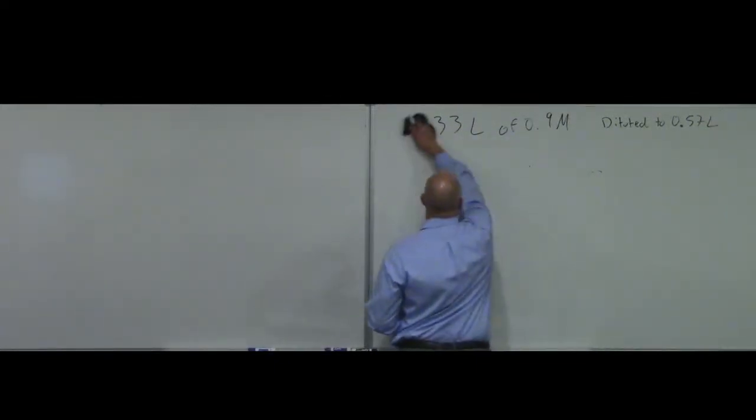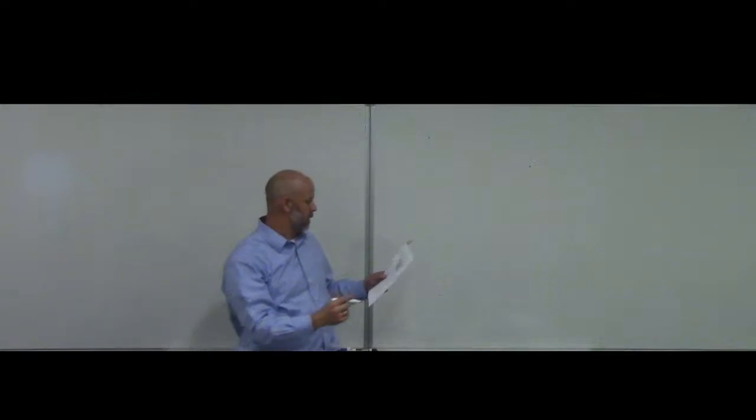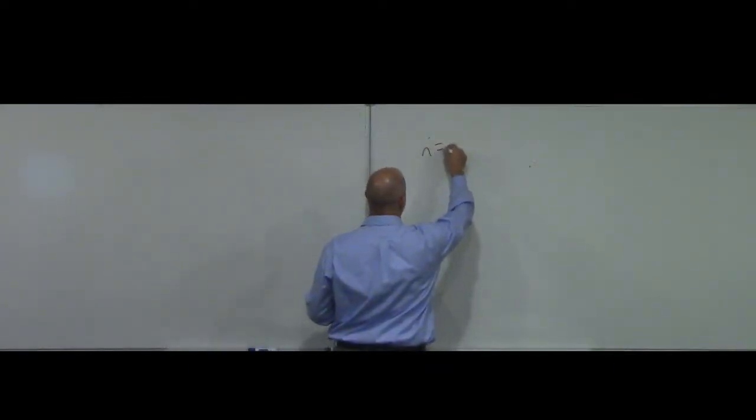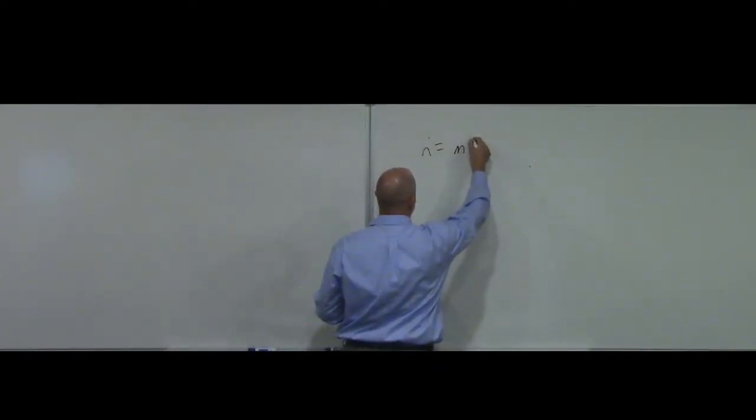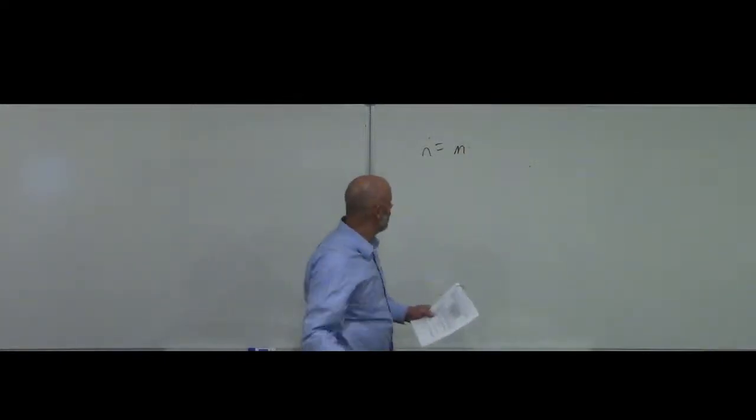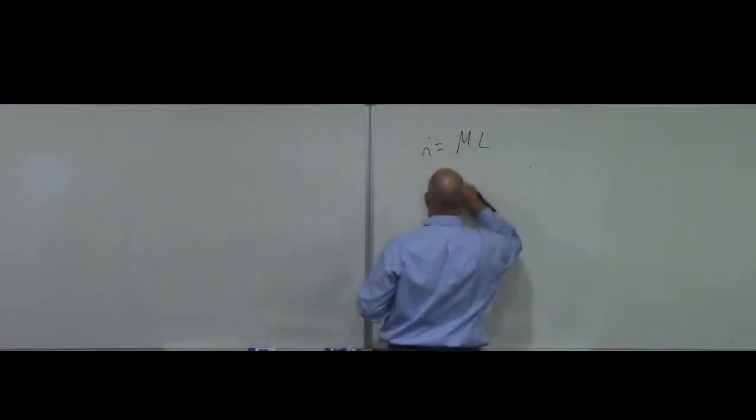Let's continue on with some of this concept. So the book says expressions, it wrote it like this, by the way: n equals M times L, where n, by the way, is the number of moles. You need to know that.